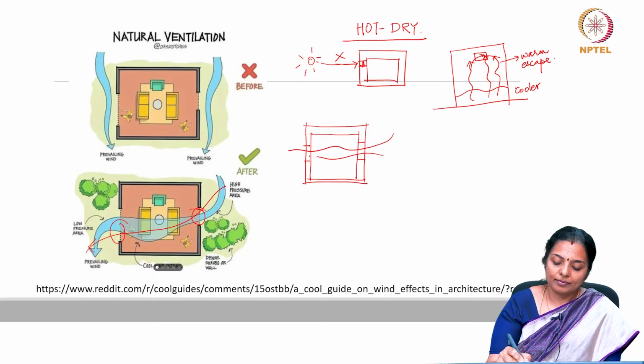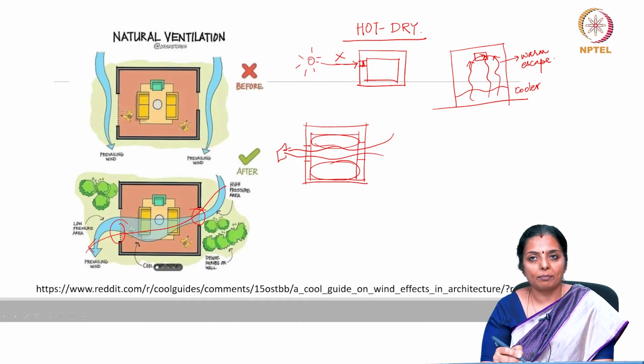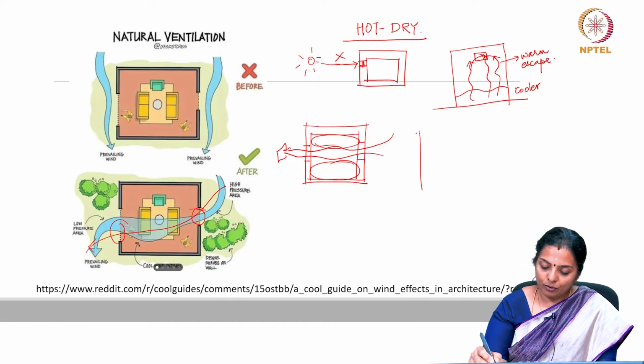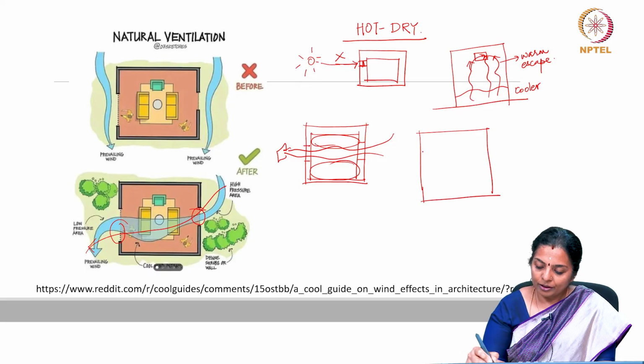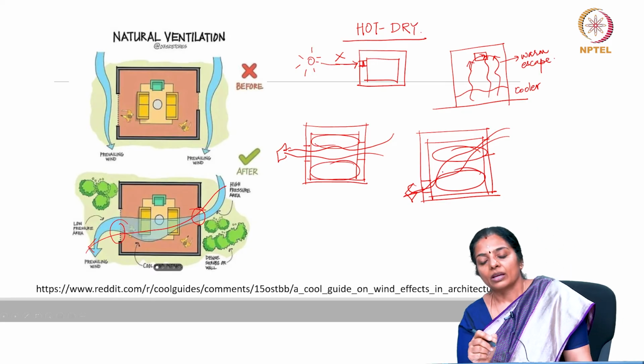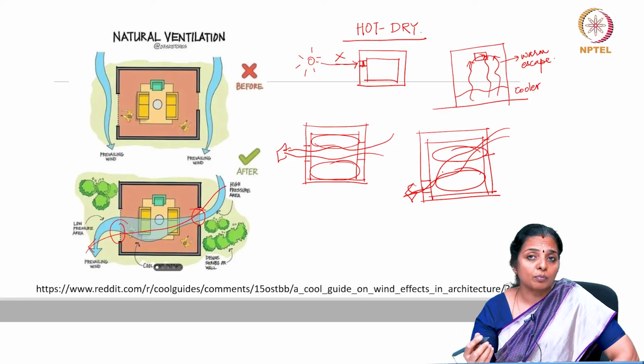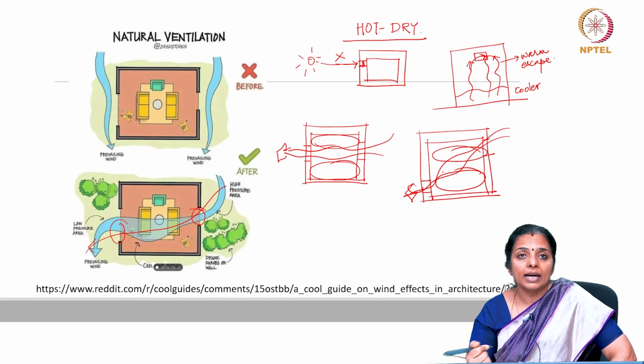The air would pass by, leaving out zones where ventilation would not happen, and therefore, when you have to position the windows, try to have staggered windows so that the breeze moves and you do not really have dead zones. Also, try to consider doors as a possible inlet for air movement.